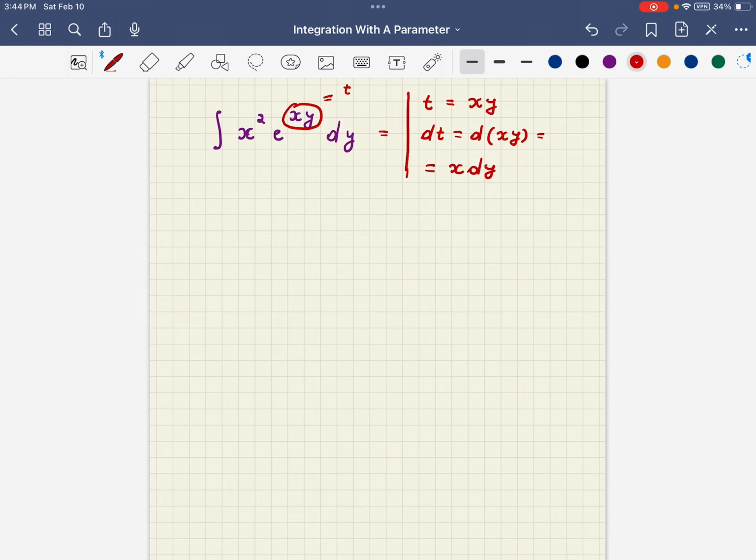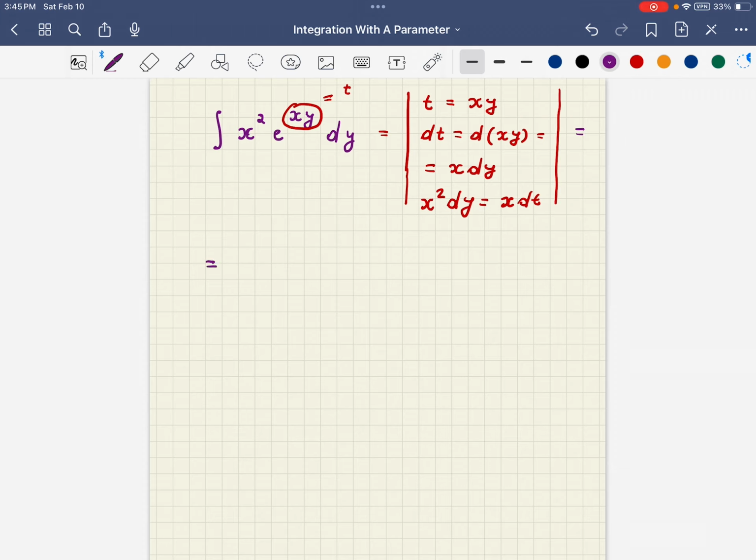Now, looking at our integral, we see that our integral contains x squared times dy. And when I compare this with dt, which is x times dy, I can now see that x squared dy is going to be equal to x times dt. I basically multiplied the previous line by x.